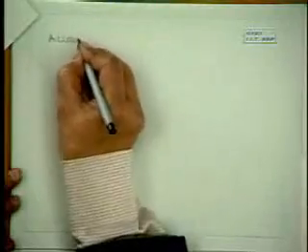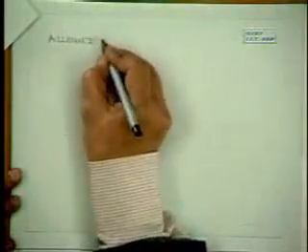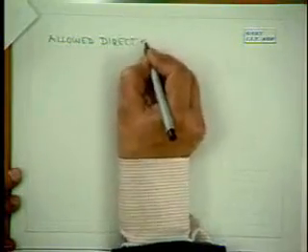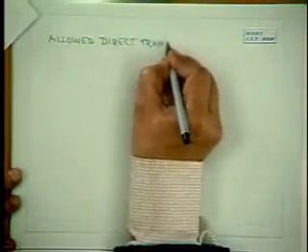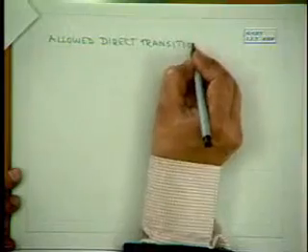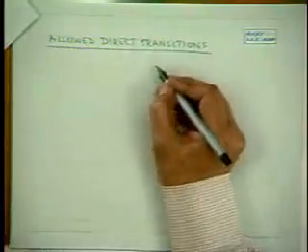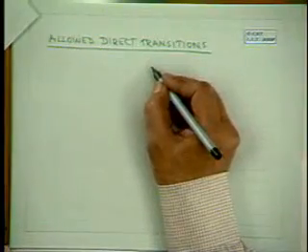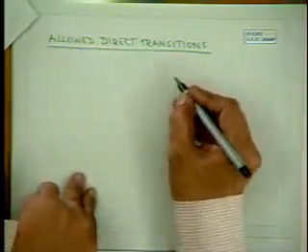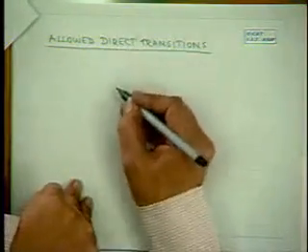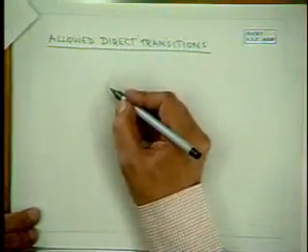So let us first consider allowed direct transitions. That means transitions which fulfill the selection rules and the transition probability is finite.